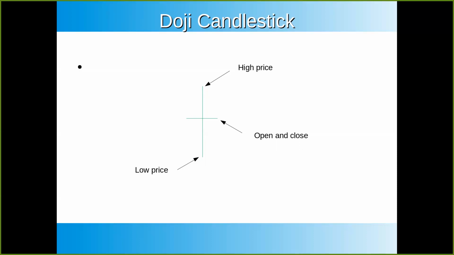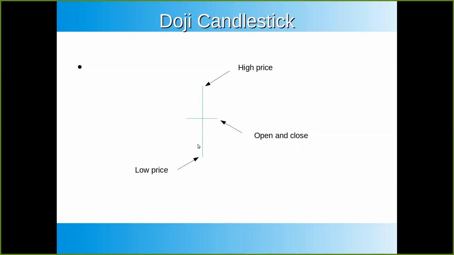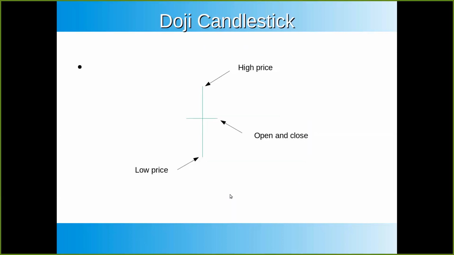You will see this kind of candle during consolidation or resting of the market, before it pushes up again or reverses the trend. If you find it at the top of an uptrend, it's a sign, like I said before, that the trend may reverse. The same thing is applicable if you see it at the bottom of a downtrend.